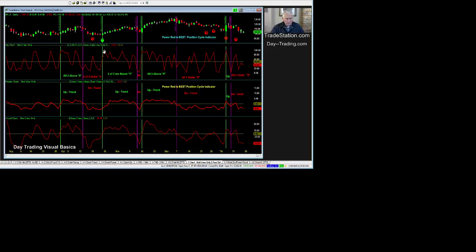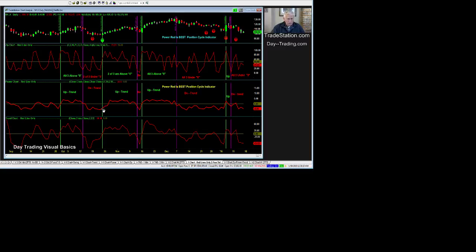And so on the green exception day that we've been talking about, we have the zip red that's above the 0. We have the trend red that is above the 0, because that's what I was identifying earlier. I said, hey, the trend red is above 0. But we have the power red that is not above 0 yet.